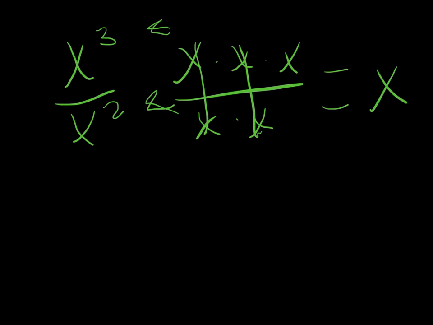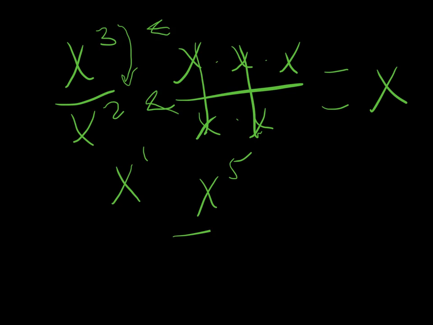Using the quotient rule, basically what we do is subtract the exponents. So if we take 3 minus 2, we get x to the 1st power. Everyone see that?